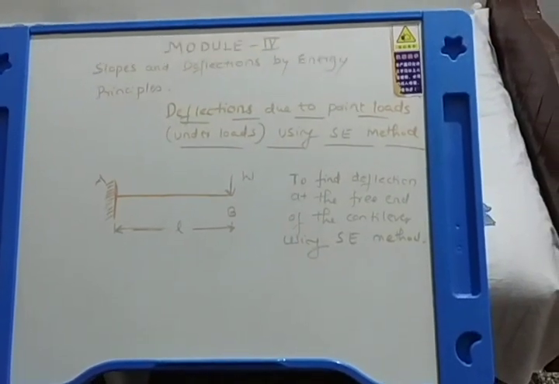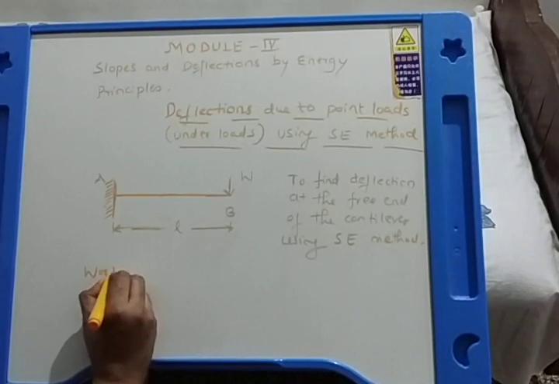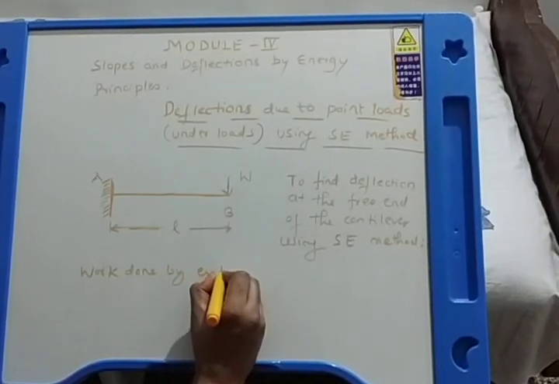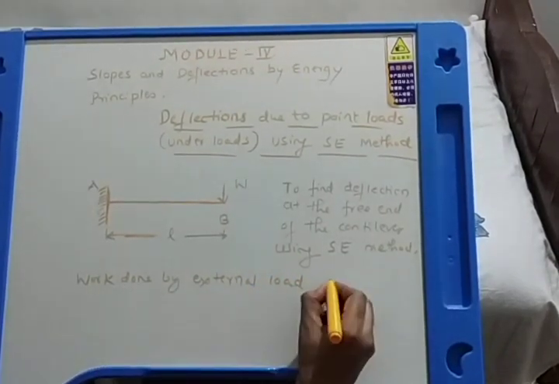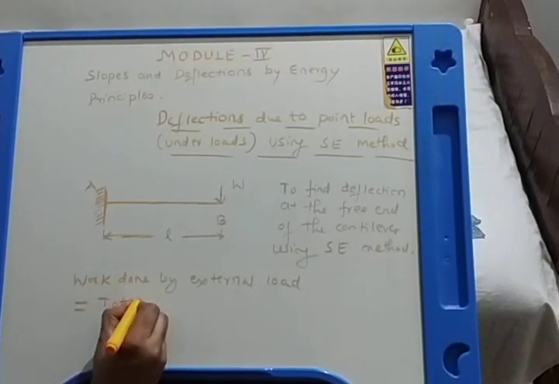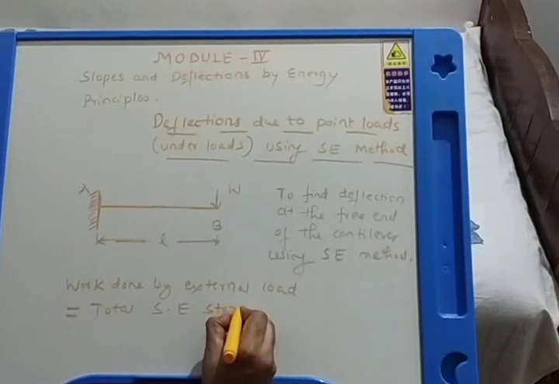In this method, we are going to equate two things. One is work done by the external load. This is equal to total strain energy stored in the structure.